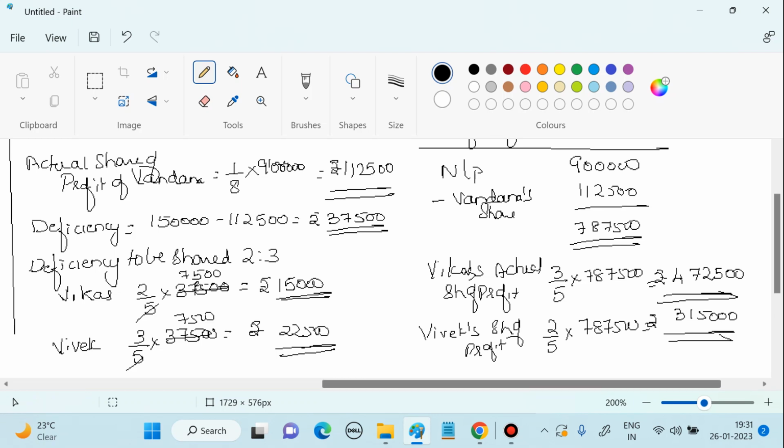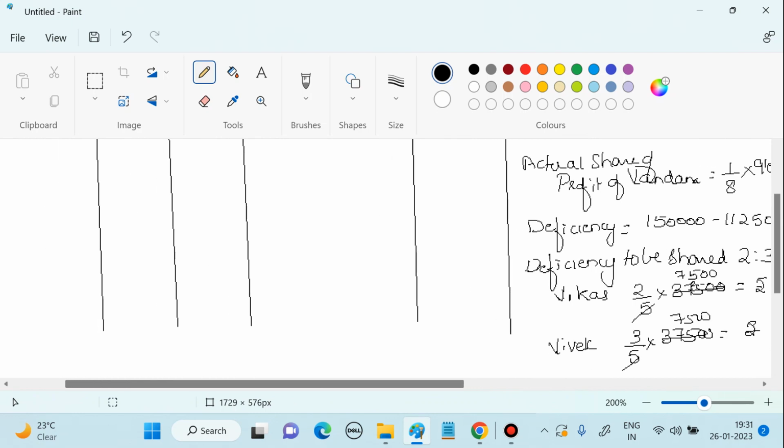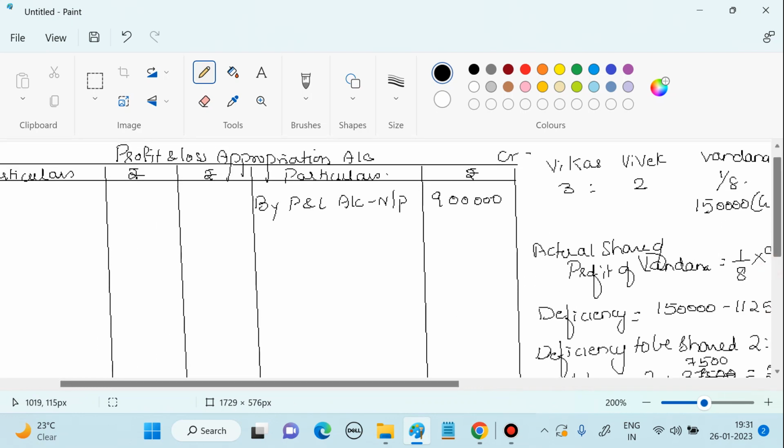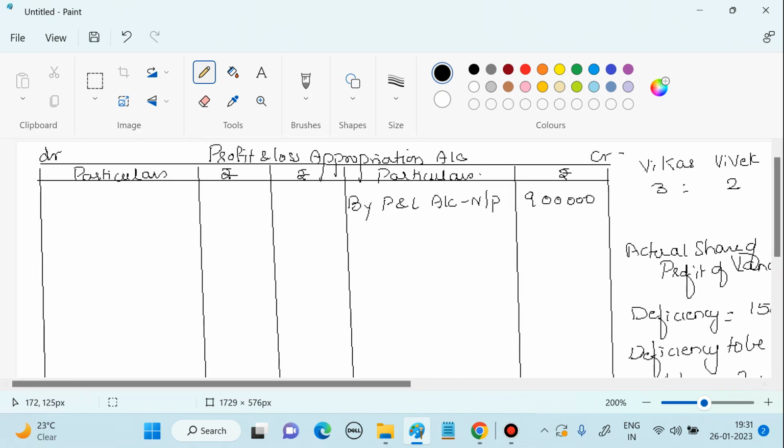So this amount we will put in the appropriation account. This was the appropriation account we prepared. So we are going to write profit transfer to, first one was Vikas's capital account. His actual share was 4,72,500.